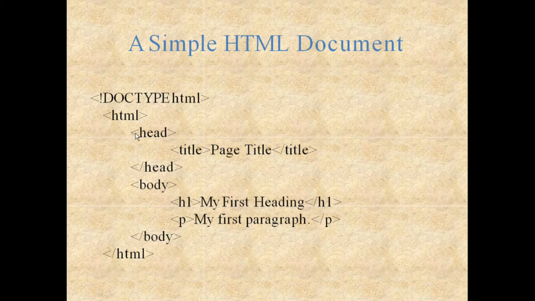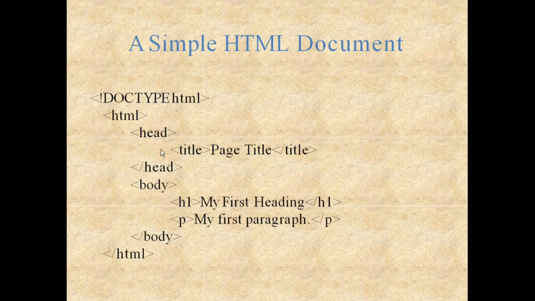Every HTML document will be divided into two parts. One is the head section and the other is the body section. In the head section we have written one more element known as title. This title element has a page title for this HTML document.